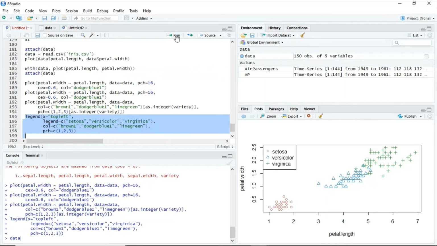Now legend means you can understand specifically that I am getting an idea about each and every colorful plot. It means red represents setosa, blue represents versicolor, and green represents virginica. So you can include the legend function in your plot.